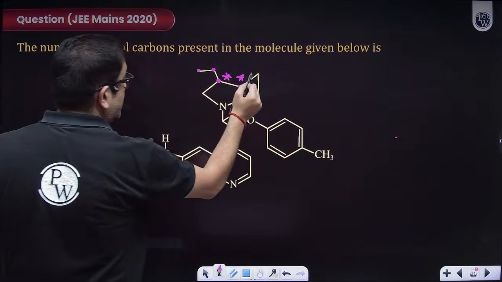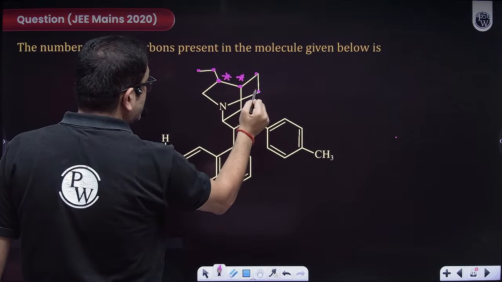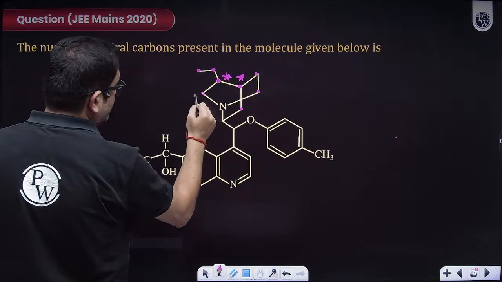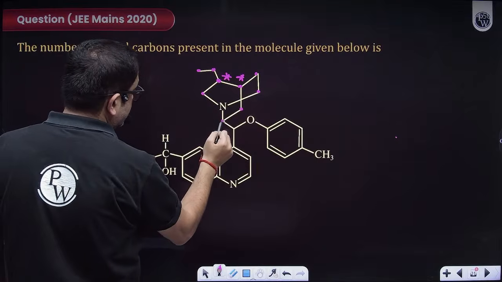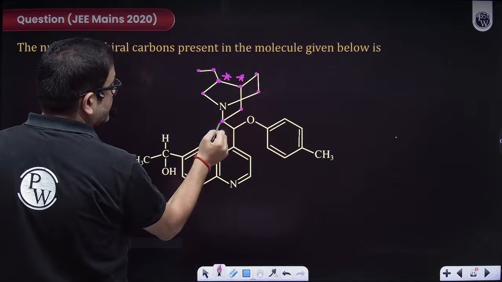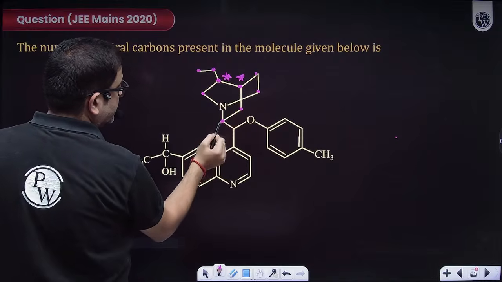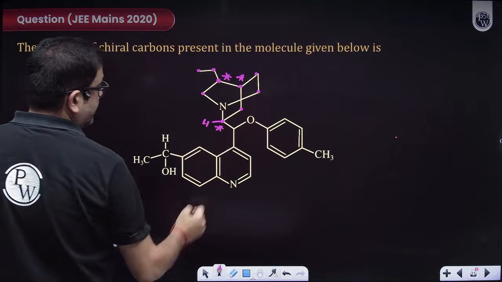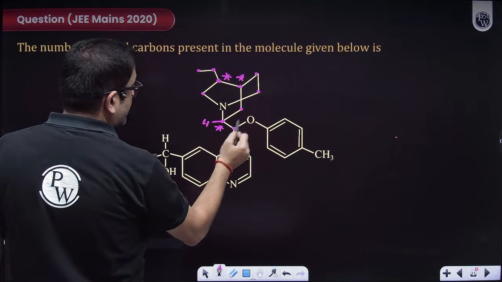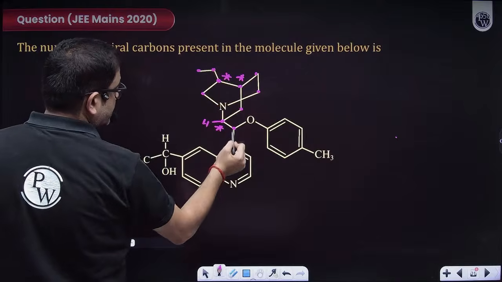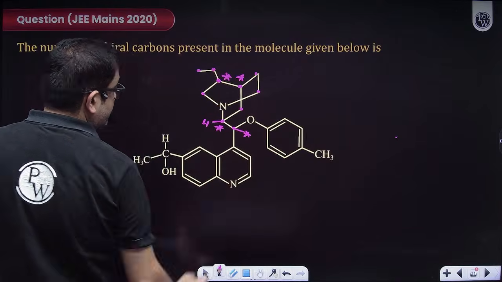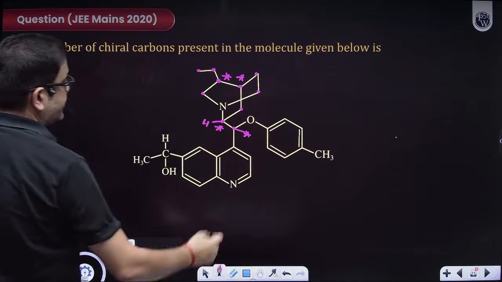Then CH2, CH2, CH2, CH2. Sir, C has nitrogen, some carbon on one side, some carbon on the other, and one will obviously be H. Yes, sir, chiral. What about this, sir? O, some carbon with nitrogen, some carbon with benzene, and obviously H. Okay, again chiral, sir. So 1, 2, 3, 4, sir.